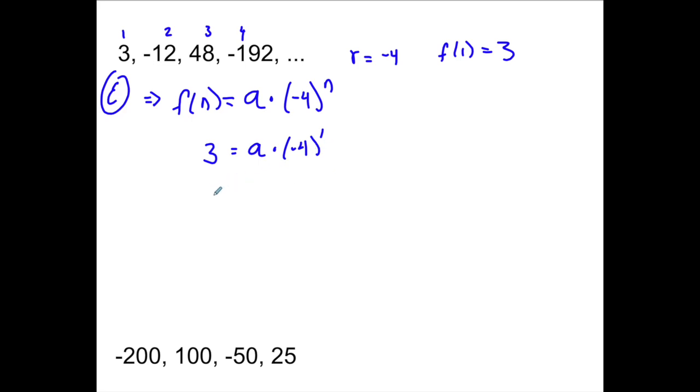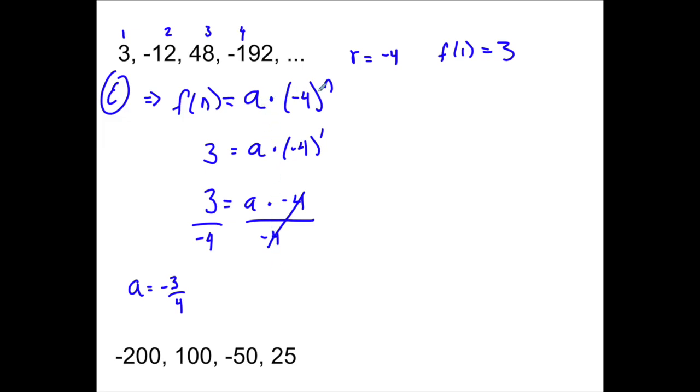So if I do negative 4 to the power of 1, I get a times negative 4. And then how do I get a alone? I divide by negative 4. So I get a is equal to negative 3 over 4.